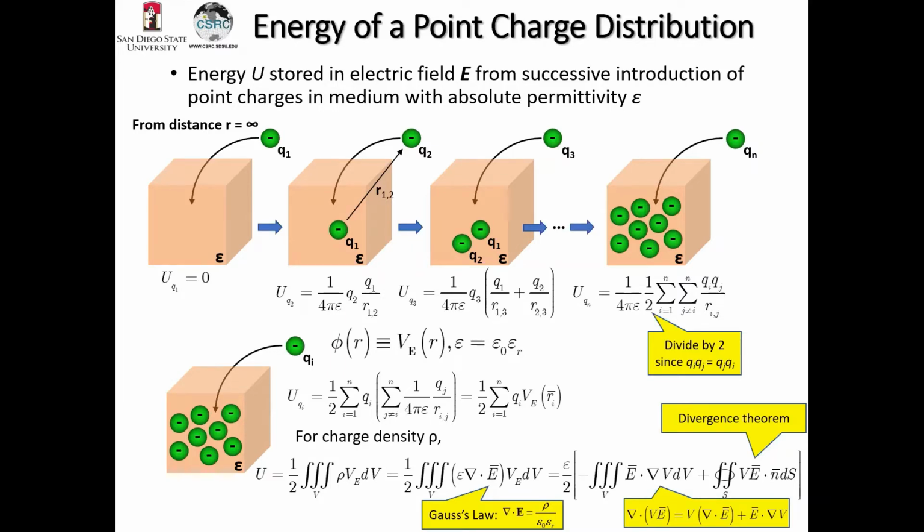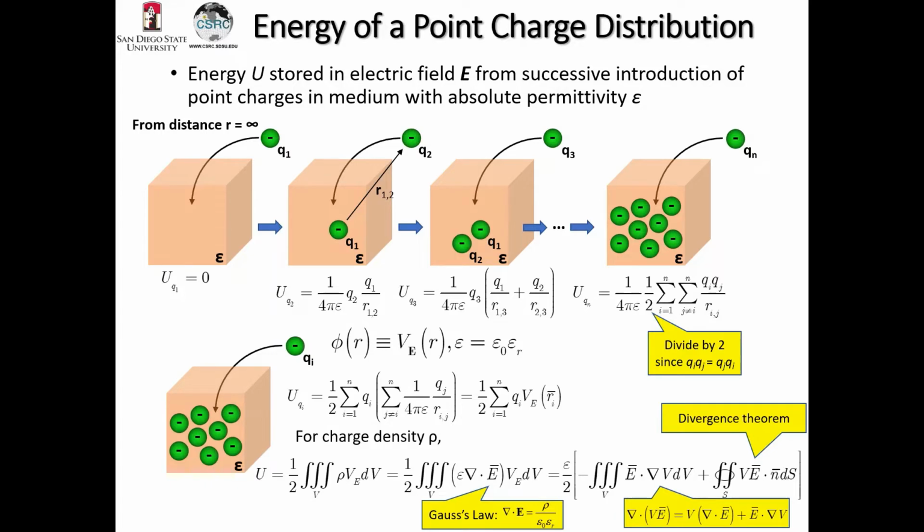So we're deriving an expression for the energy being stored in the electric field by introducing successive charges, right? So you're saying if there's a positively charged ion, a cation, the sign will be different on the charge, right? Okay. All right.